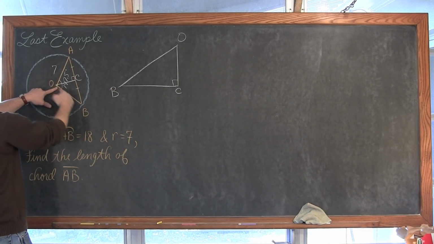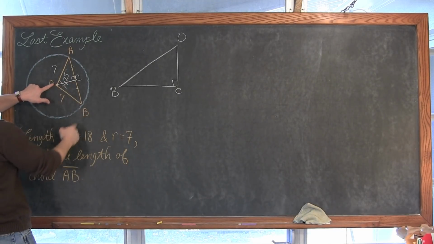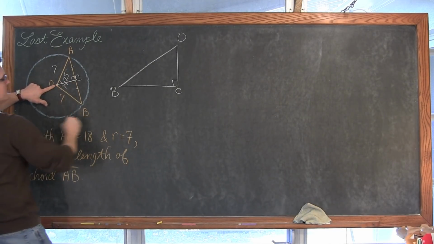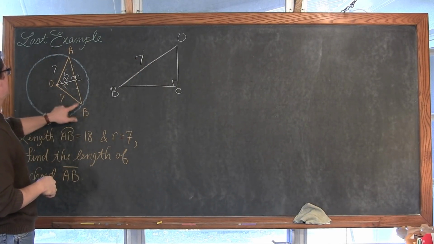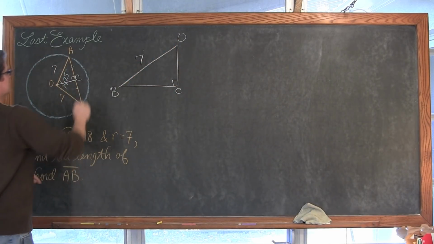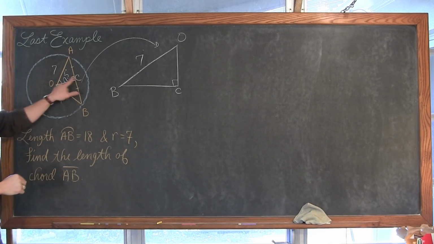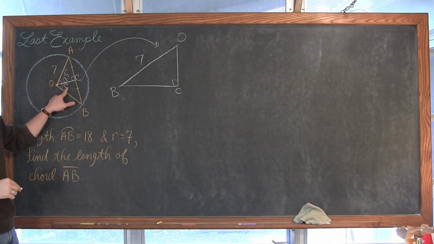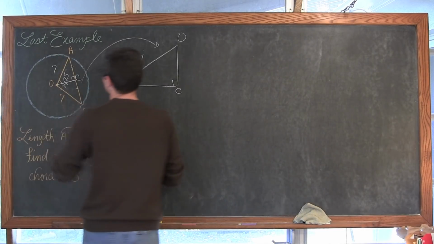The hypotenuse of this right triangle, between O and B, is equal to 7. And angle COB is half of the vertex angle of our isosceles triangle, or half of the central angle.